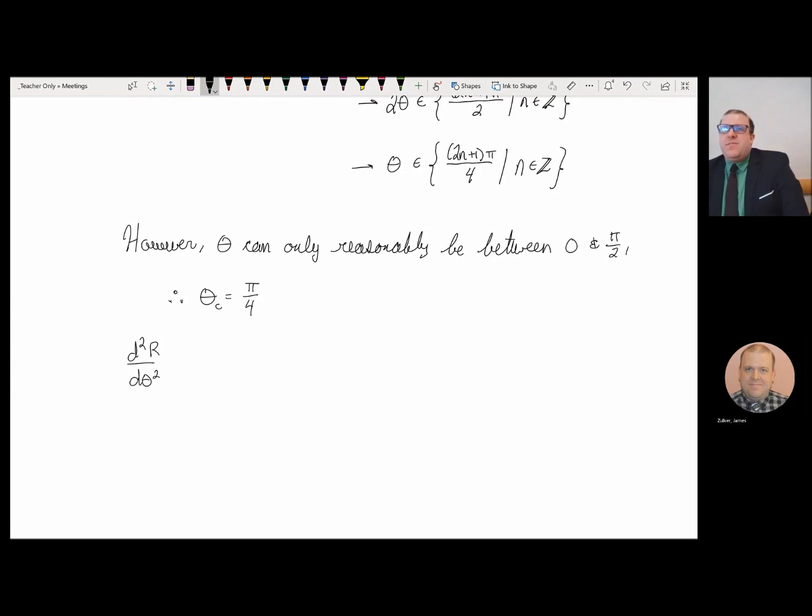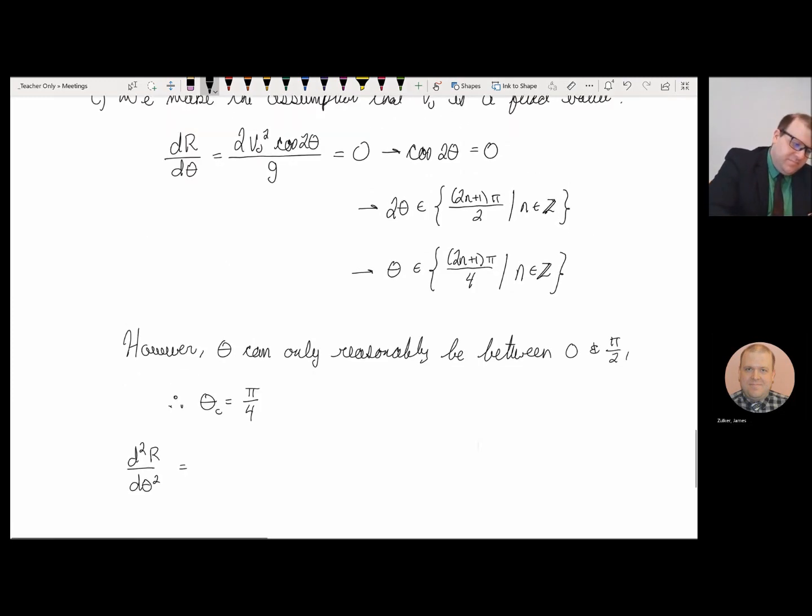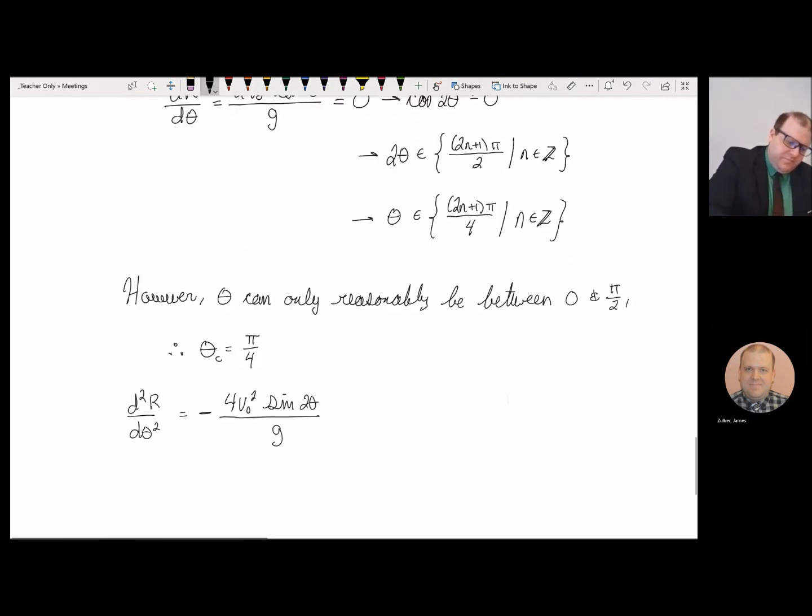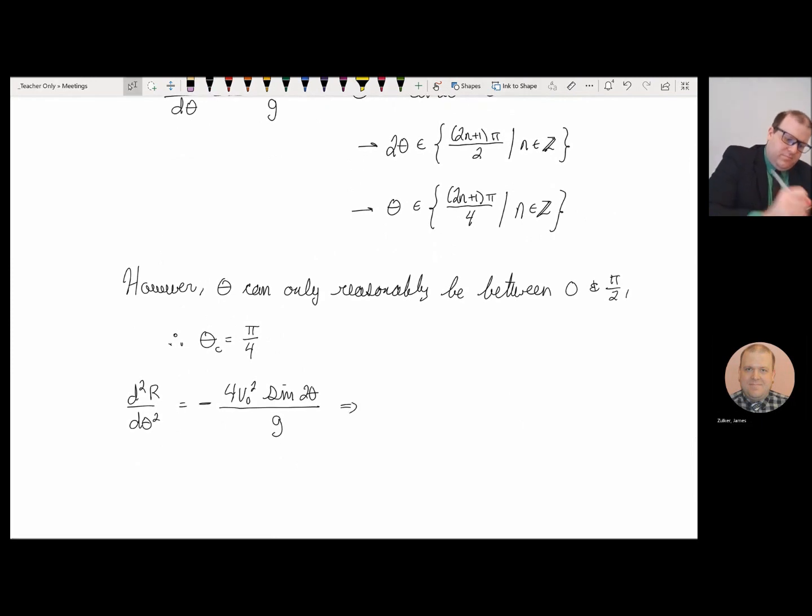So take the second derivative. Well, 4v naught squared over g is always positive. Sine of 2 times pi over 4 is also positive.